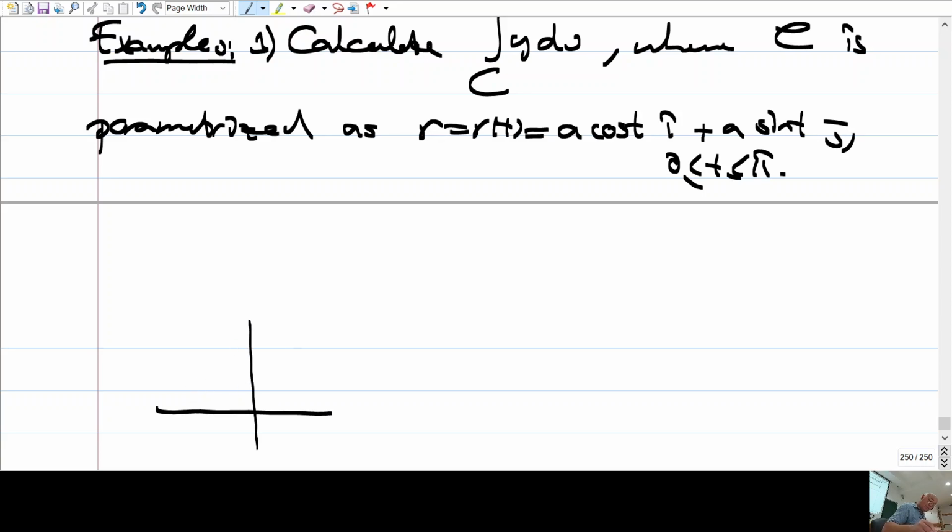And what is this? Well, you see that the x coordinate is just cosine, the y coordinate is sine. So this is nothing but a parameterization for a circle of radius a, right?